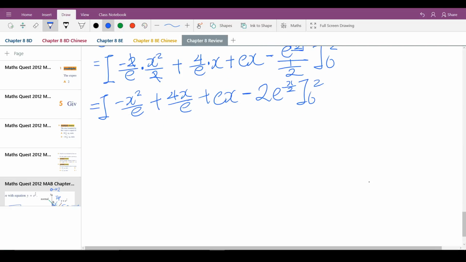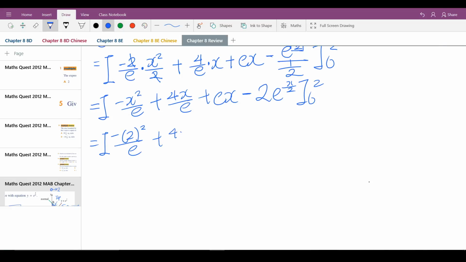Last bit, substitute the limits in. So this plus 4 times 2 over e plus, well, literally just 2e, minus 2e to the power of 2 over 2. Minus, this is going to be 0. Boom, 0.